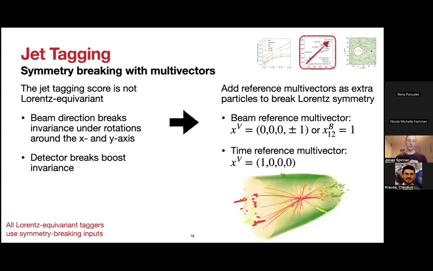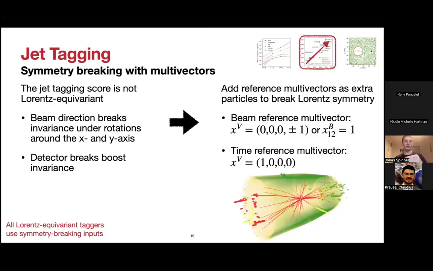Now there's one subtlety in this application, which I didn't mention before. This jet tagging score that we want to predict with these models is actually not Lorentz invariant or equivariant. There are two effects that break the Lorentz symmetry here. The first effect is just the topology of the collider.